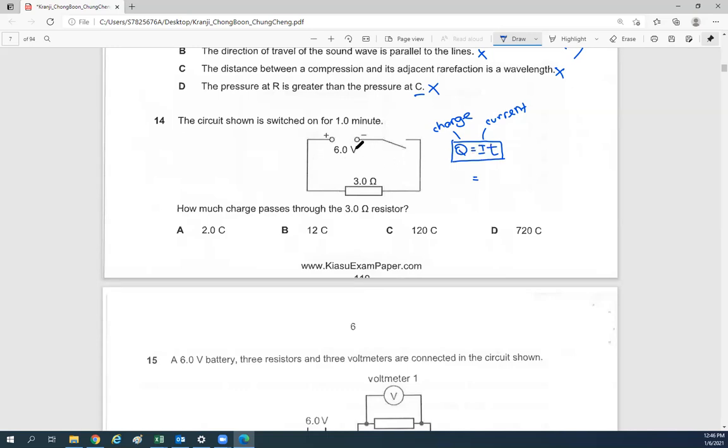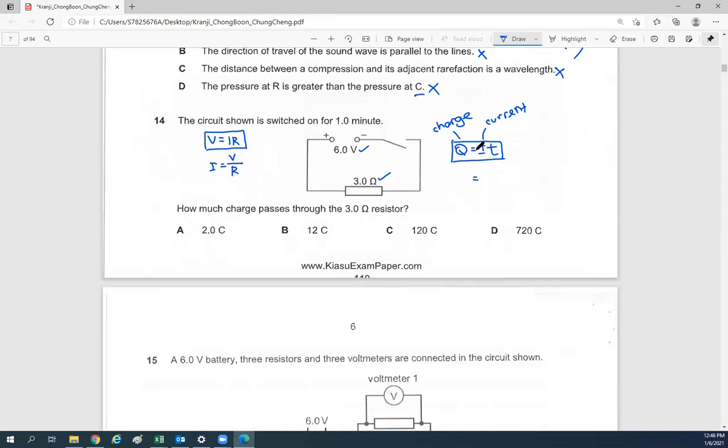However, they did give me the voltage and the resistance. Using that, I can find the current using Ohm's law. So this is another formula you must be familiar with. The current is the voltage over the resistance.